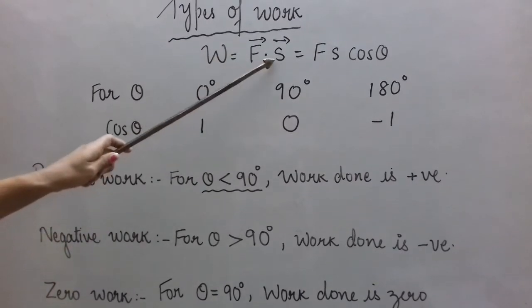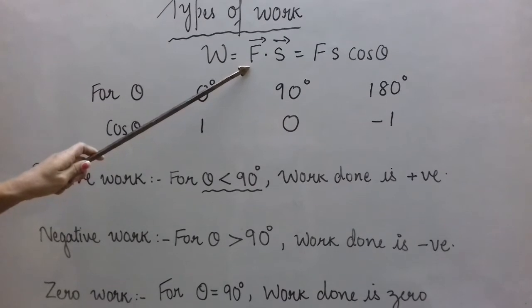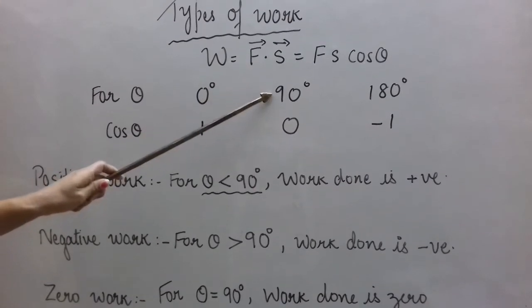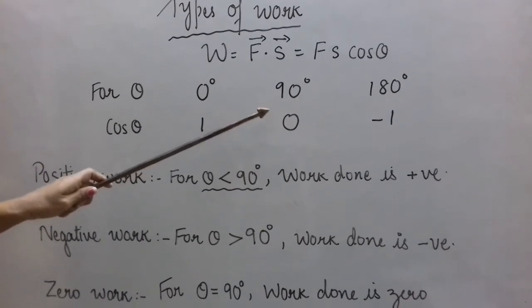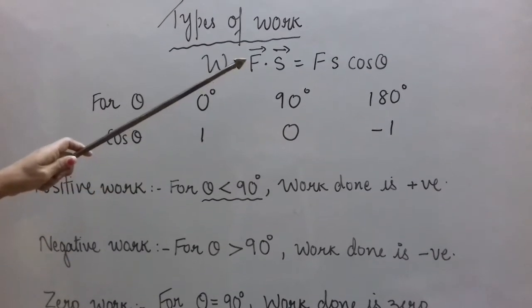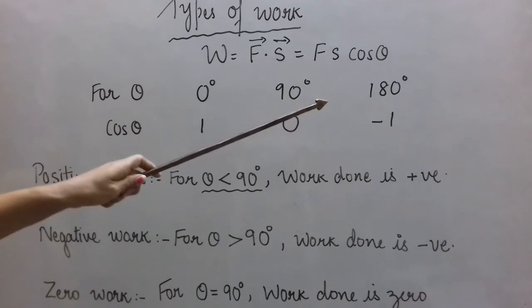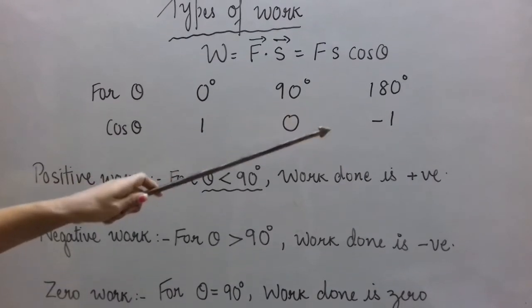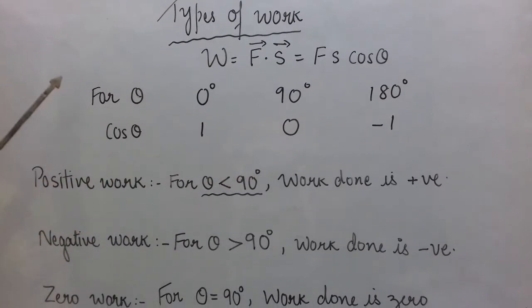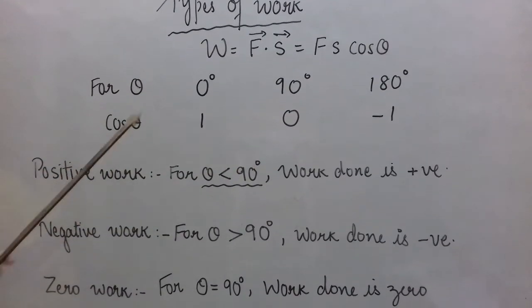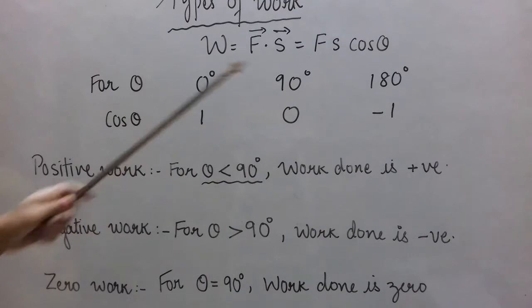When the two vectors, force and displacement, are perpendicular to each other, theta is 90 degree and cos 90 degree is 0. When the two vectors, force and displacement, are in the opposite direction, then theta is 180 degree and cos 180 degree is minus 1. Hope you have memorized these values of cos for these three angles.